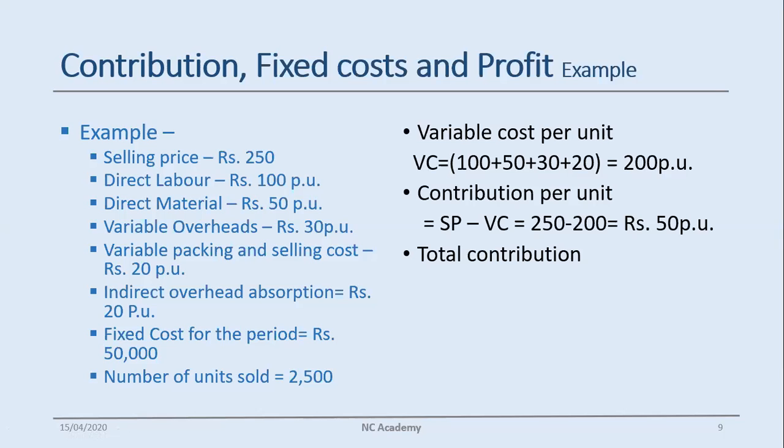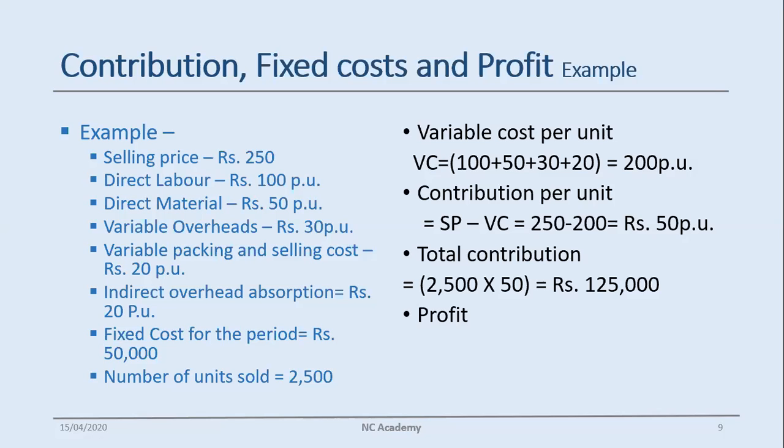What's the total contribution? Each and every unit gives you 50 as your contribution, and your total number of units sold is 2,500. So your total contribution is 2,500 times 50, that is 125,000 rupees.